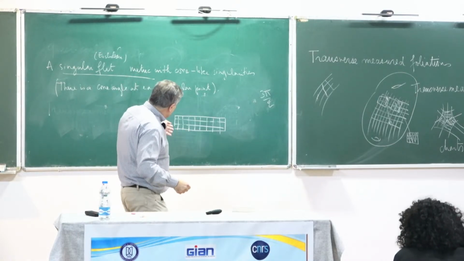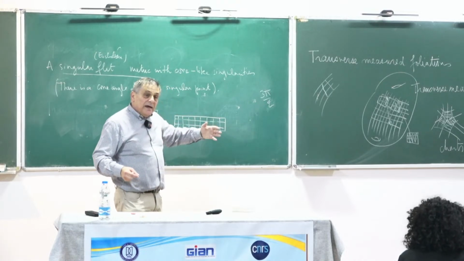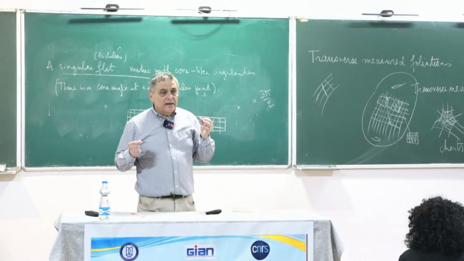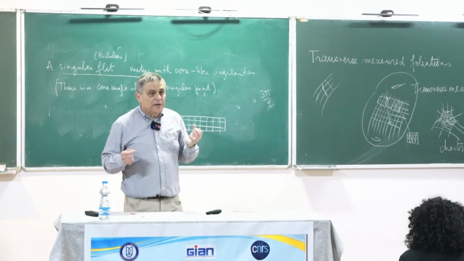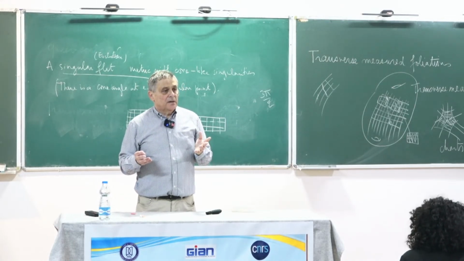So the first thing you understand is that I obtain another surface. From the geometric point of view, I obtain another surface, even if the surface does not change topologically.